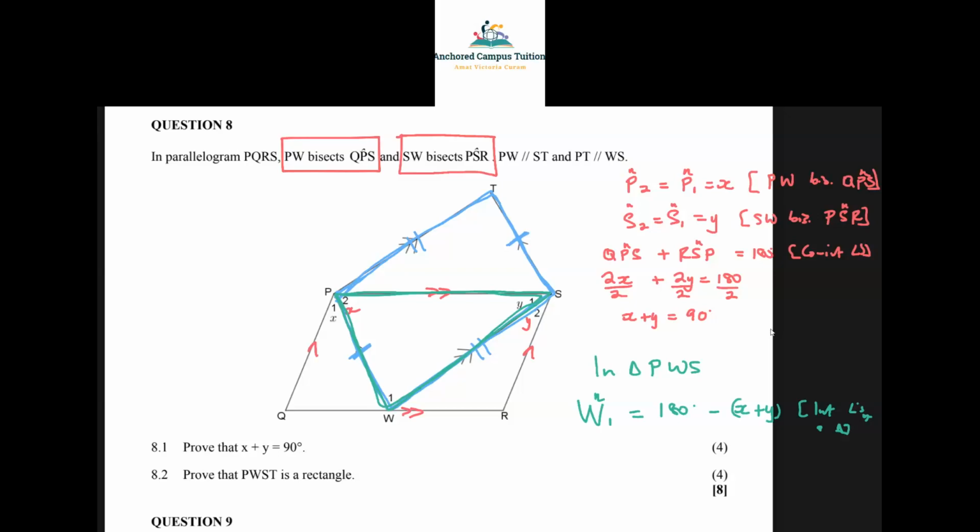But we've proven that x plus y is 90 degrees. Therefore, W1 is 180 minus 90, which is 90 degrees. And the angle T is also 90 degrees.